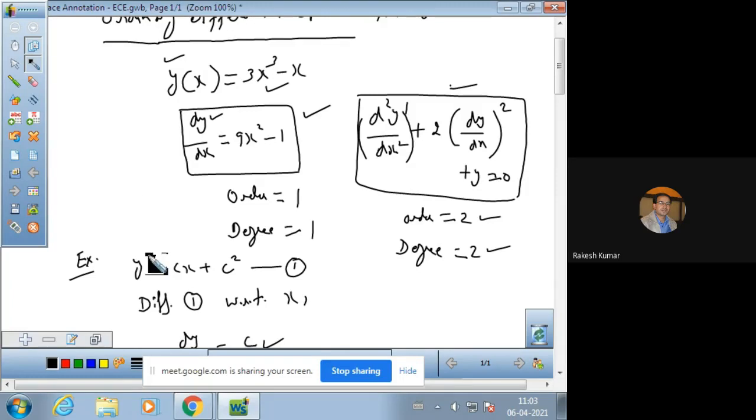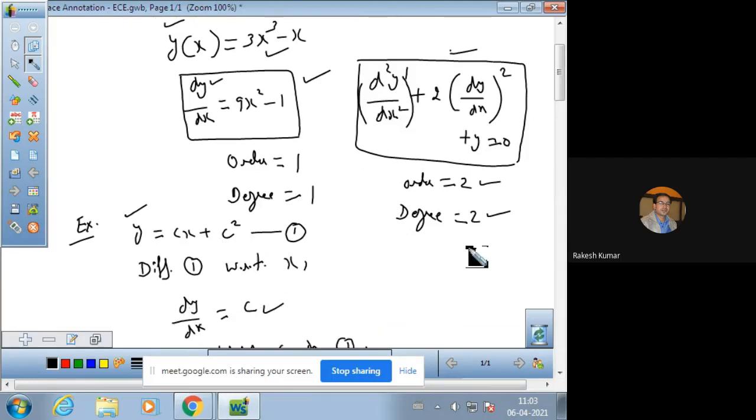Now, next we will observe how to form a differential equation. Suppose we have a simple equation, that is y equal to cx plus c square. If we find the derivative of 1 with respect to variable x, you will get dy by dx is c, plus the derivative of c square, which will be 0 because c is a constant.